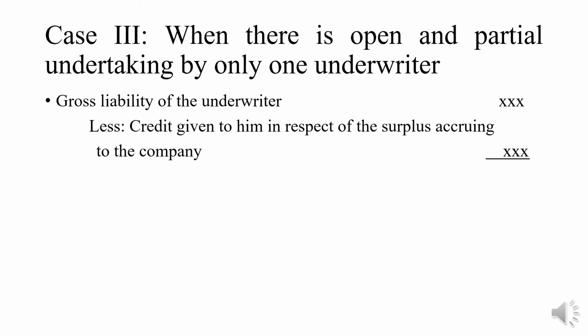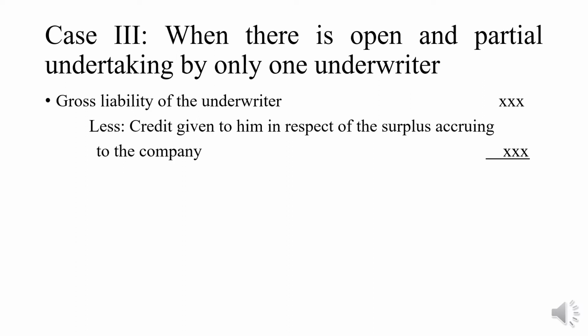But if the liability of the company is lesser than the unmarked applications credited to it, that excess or surplus should be credited to the underwriter, and that should be deducted from his liability.